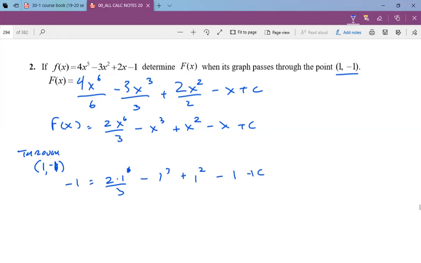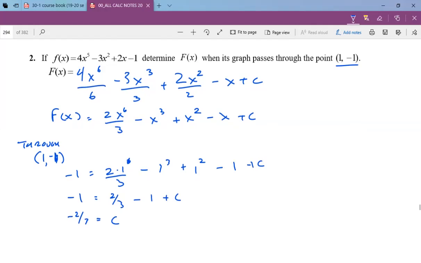We add all this together. This becomes -1 is equal to 2/3 minus 1 plus 1 minus 1. Add 1 to both sides, and we subtract 2/3 from both sides. So -2/3 is equal to c.